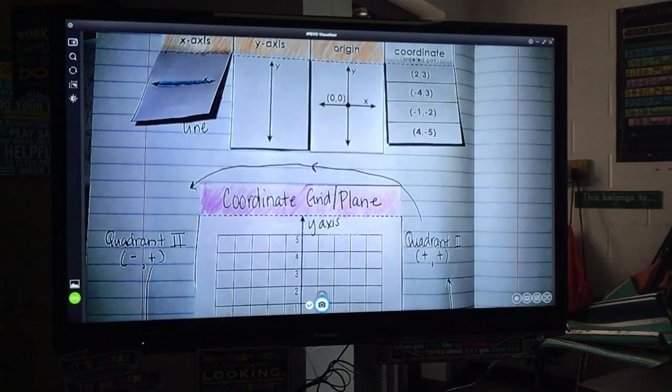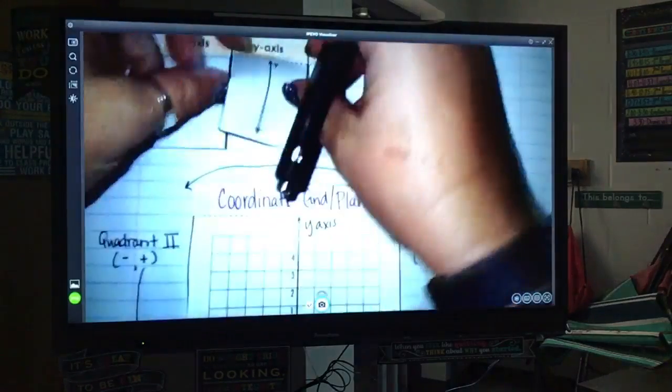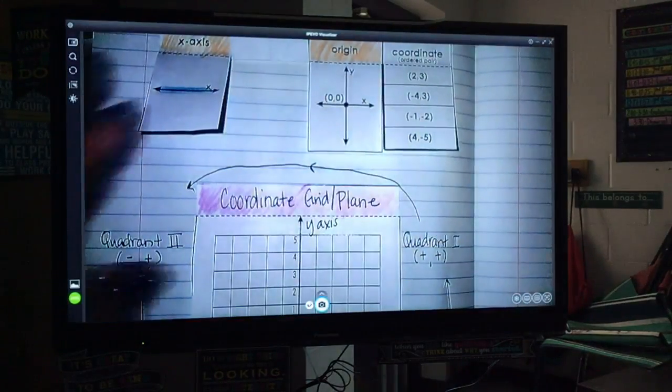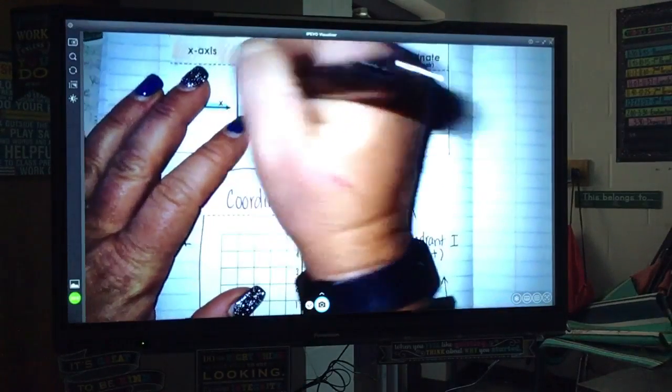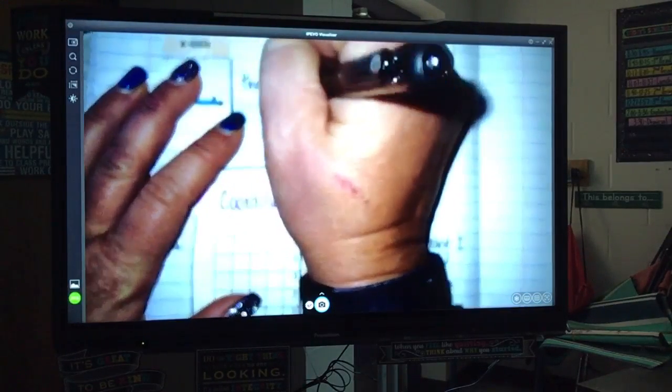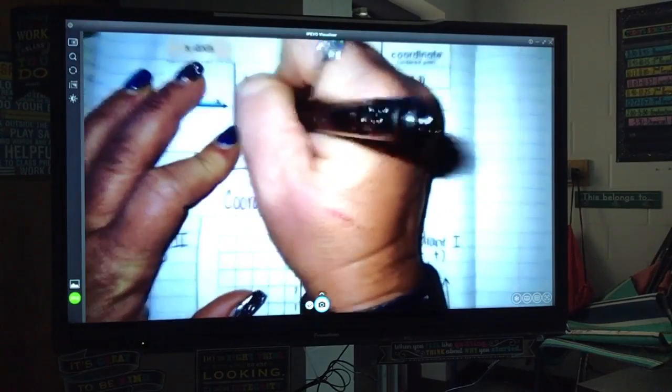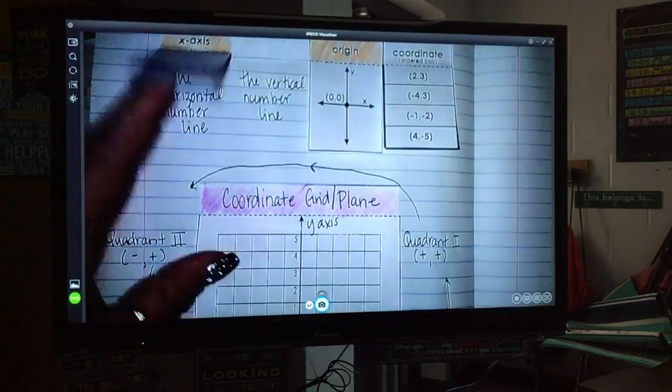All right, now let's talk about the y-axis. If the x-axis is the horizontal number line, what do you think the y is, Jackson? That's just the vertical number line? Yep. All right, so it's the vertical number line.